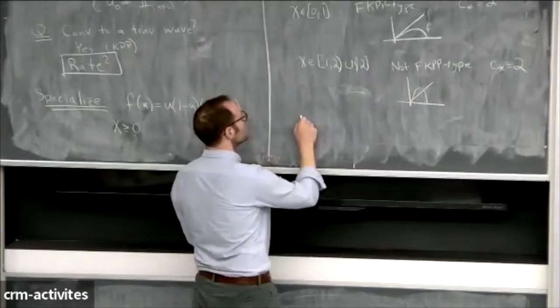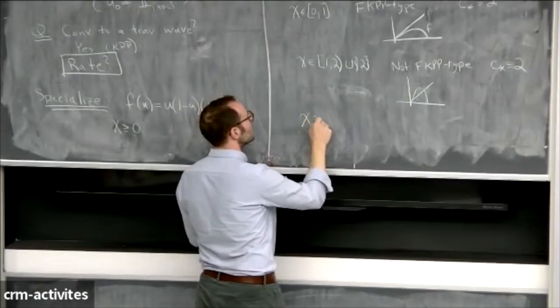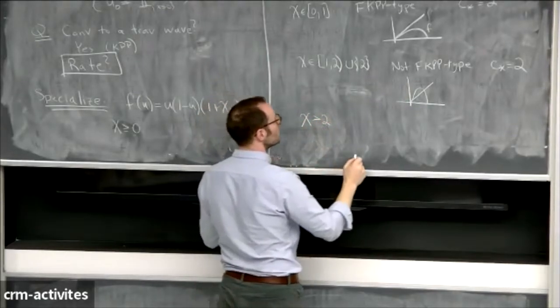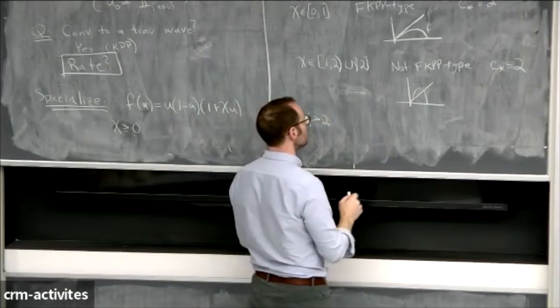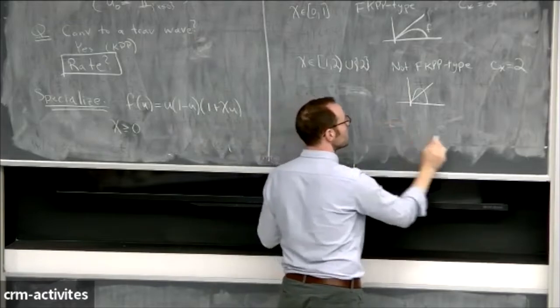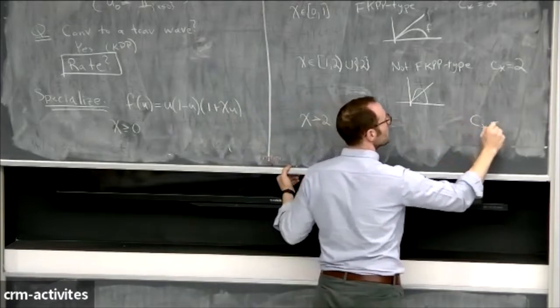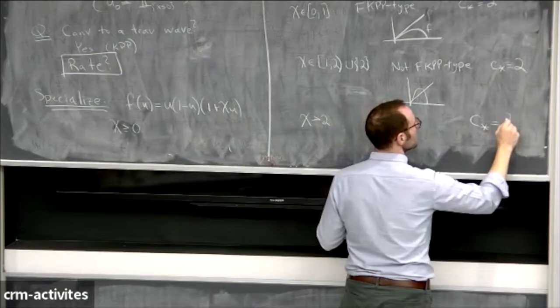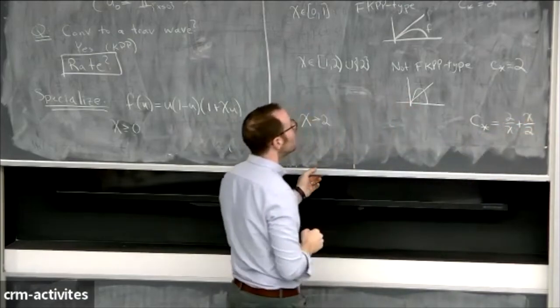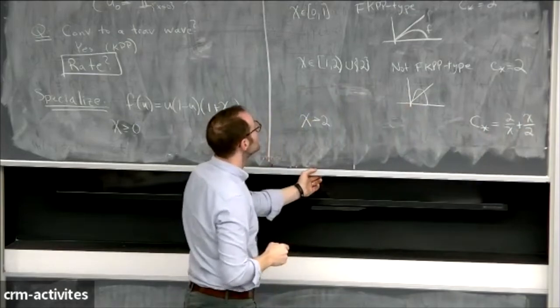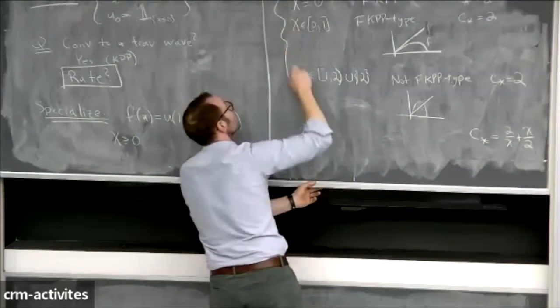And then finally, when chi is bigger than 2, this is no longer a pulled front, it's a pushed front, and your speed, c star, is going to be 2 over chi plus chi over 2. And let me just say that these are basically all pulled.